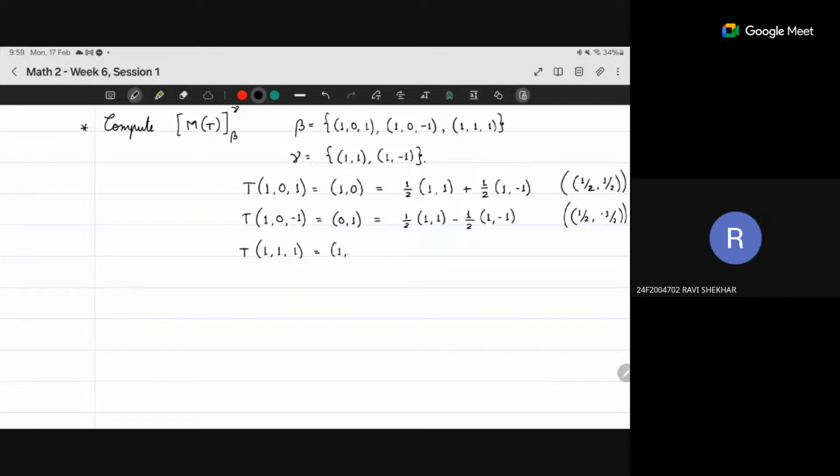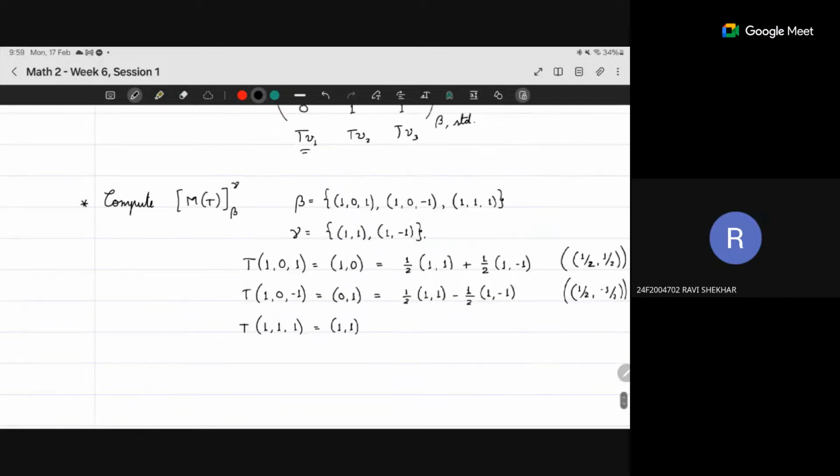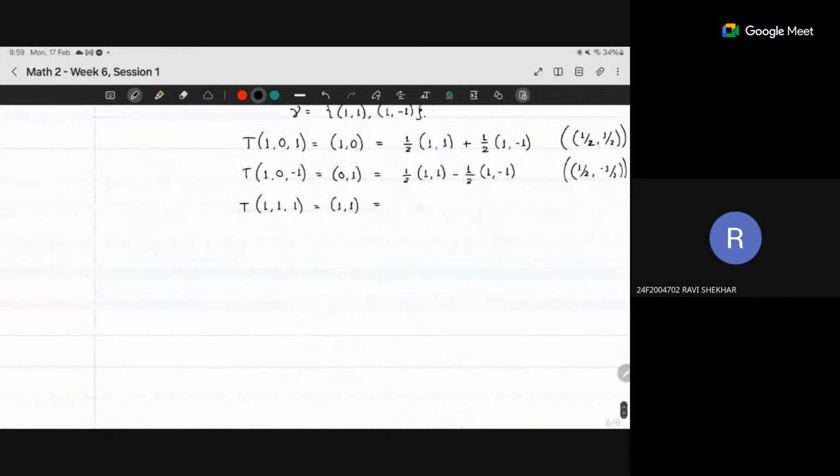And the third one is actually (1, 1). What are the coordinates of (1, 1)? 1 times (1, 1) and 0 times (1, minus 1). So the coordinates are (1, 0).